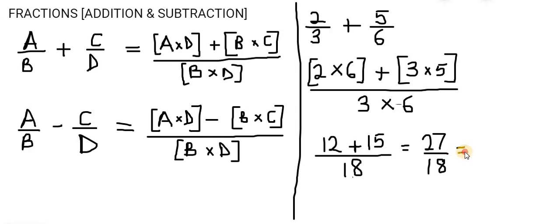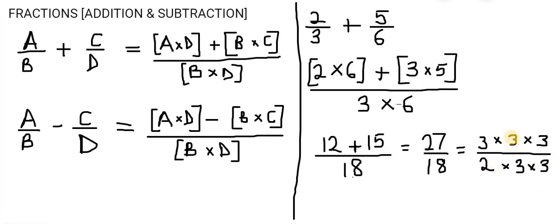So 27, if I break that down, that's 3 times 3 times 3. You know how to do that by now. 18 as a product of prime factors, that would be 2 times 3 times 3.